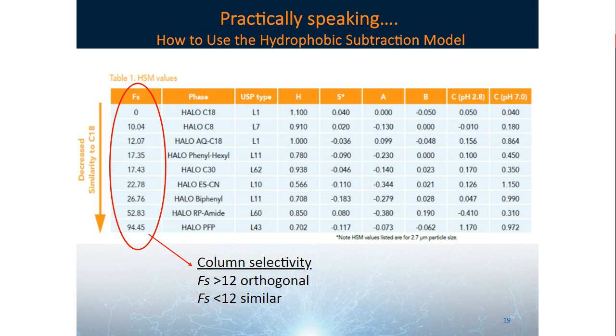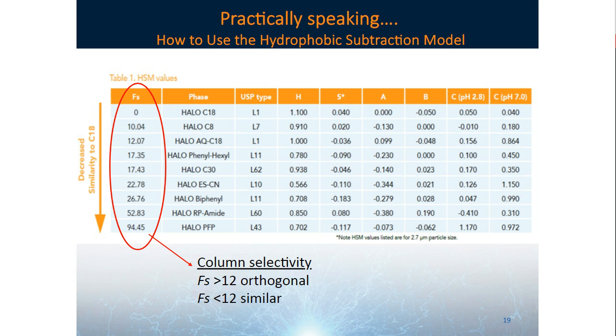And the way that this is done, practically speaking, you would select your column that you want to compare to. So in this case, I'm comparing to the Halo C18. So that's why the F sub S value here is 0. And the F sub S is actually how different the coefficients are from one phase to another with a weighting factor.